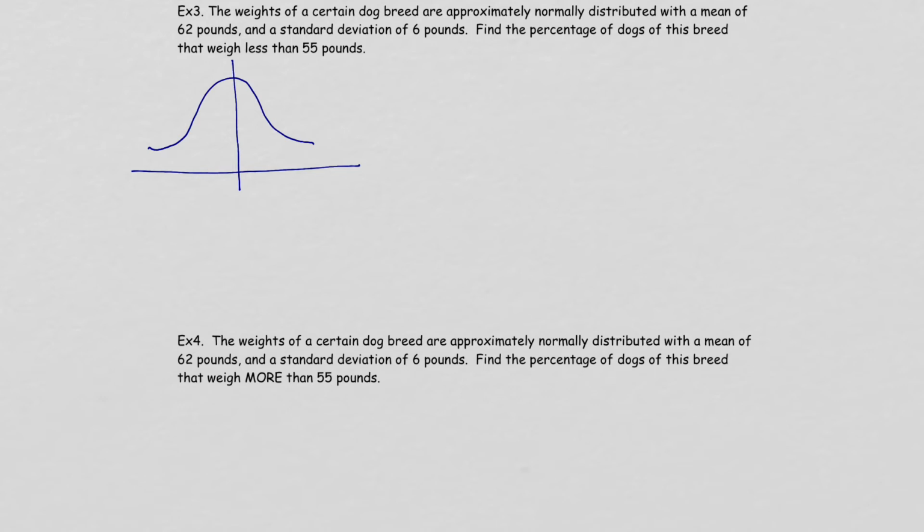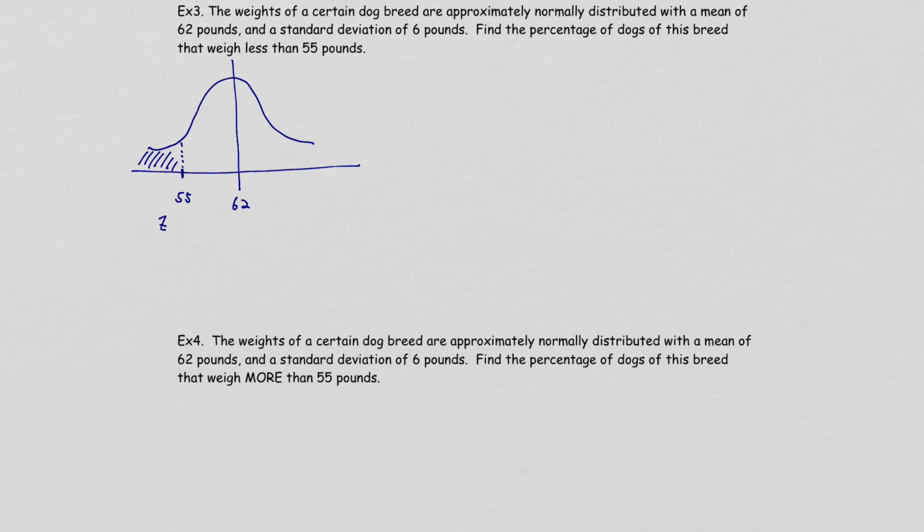The mean is 62 and 55 should be somewhere right here. Less than means we're looking for this smaller area on the left side of the z-score, so we don't need to do anything to the value you found. It's going to be what the table gives.